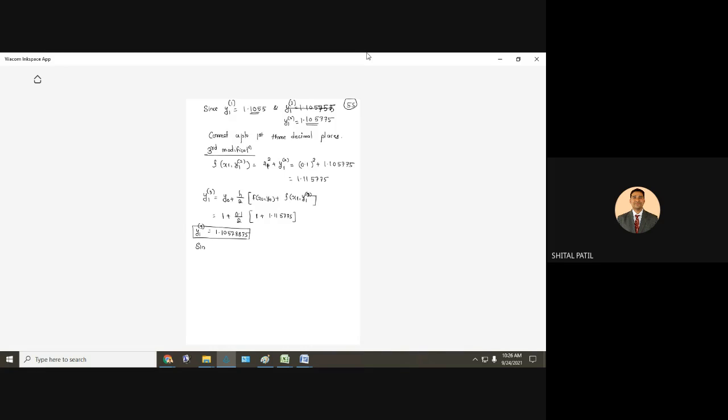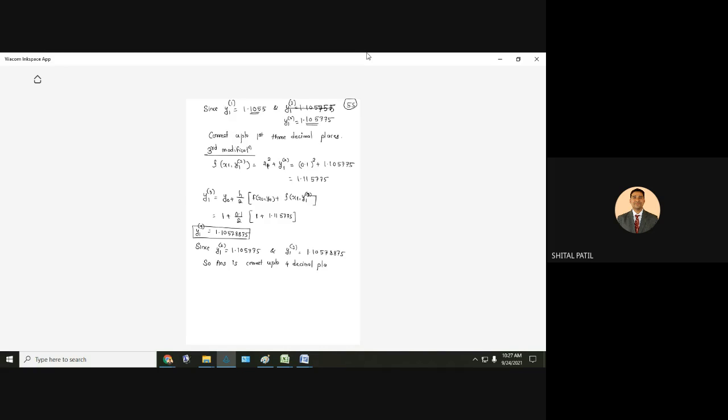Okay, since y1 raised to 2 is 1.105775 and y1 raised to 3 is 1.10578875, the answer is correct up to 4 decimal places.